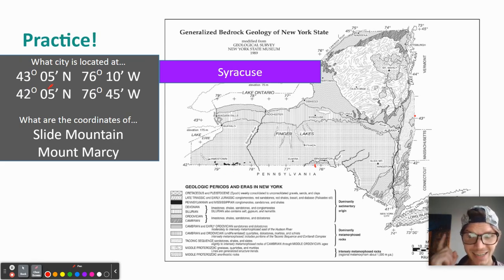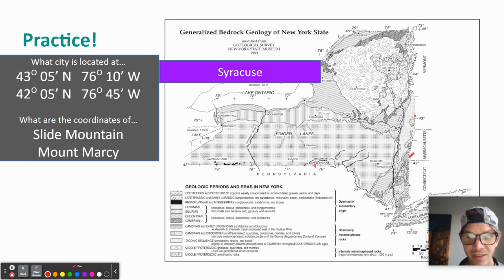I'll even give you a 10-second head start to figure this out on your own. We're going to find the city that's located at 42 degrees and 5 minutes north and 76 degrees and 45 minutes west. So now we're going to start at 42 degrees and 5 minutes.